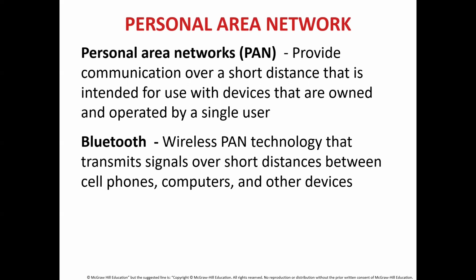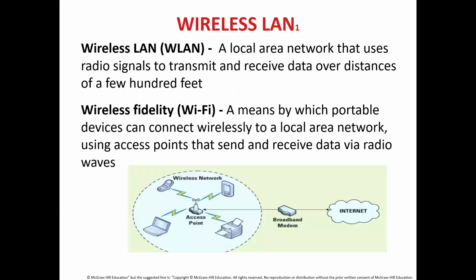Bluetooth is basically a wireless PAN technology that transmits signals over short distances between cell phones, computers, and other devices. Wireless LAN is a local area network that uses radio transmissions to transmit and receive data over distances of a few hundred feet.